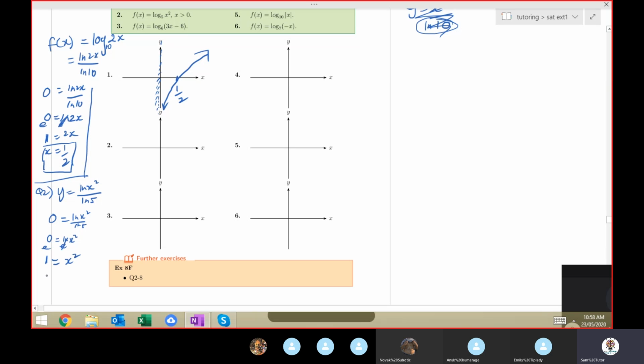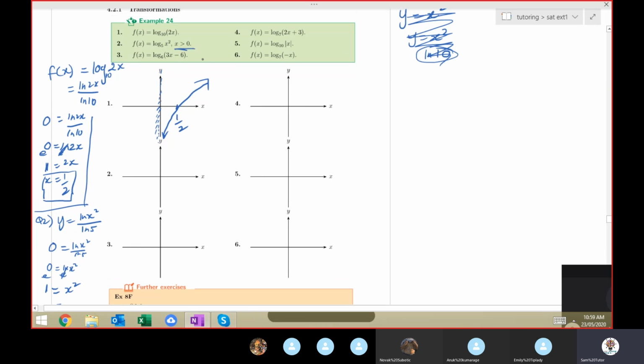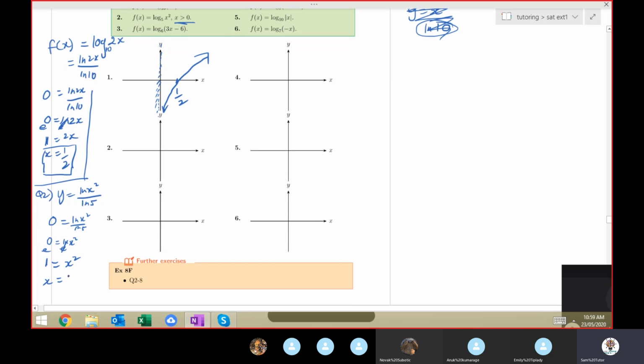Cool. And then obviously x equals plus minus 1. But it does say here, x is greater than 0. So x equals 1. You can't get the negative case. So the asymptote is still at 0, because log of 0 squared is undefined.